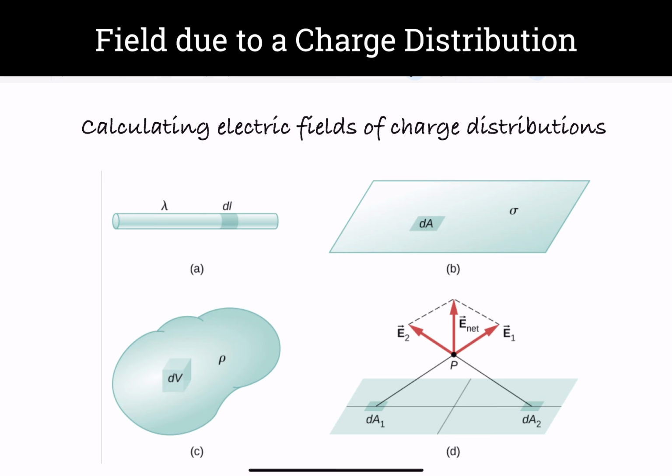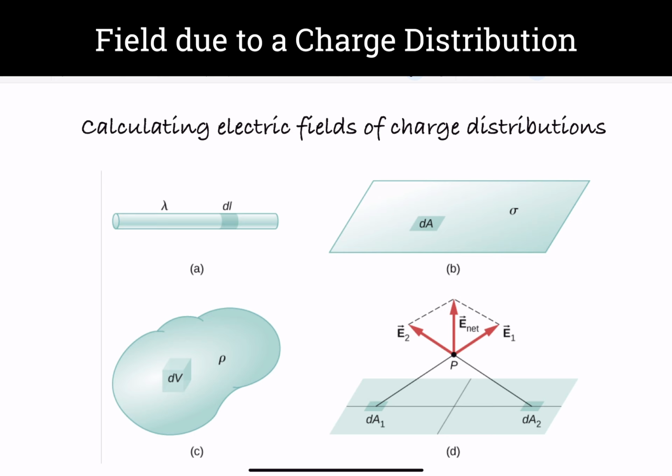This is called the linear density of charge. Linear density of charge is simply the total charge on the rod divided by its length. So lambda is just Q over the length, and the unit of lambda is coulomb per meter.